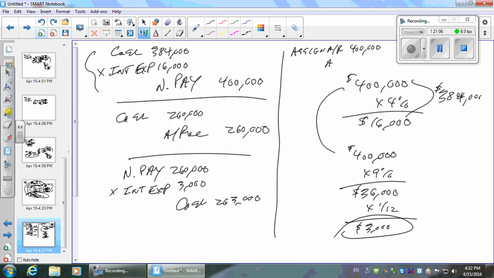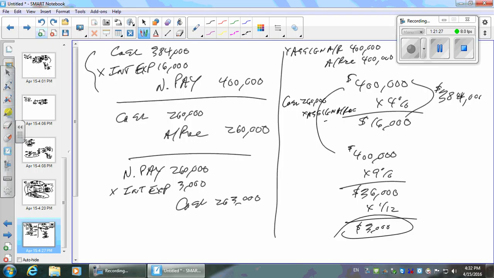And then I'd credit accounts receivable for the whole 400,000. That makes sense? That's credit. Okay? Then when they pay me, I would debit cash, 260, right? And I would credit assigned accounts receivable because I put it in there. I'll have to take it out of there. So big deal.